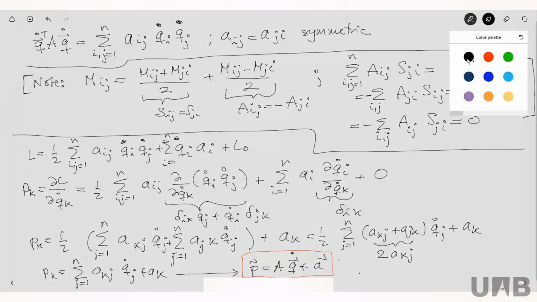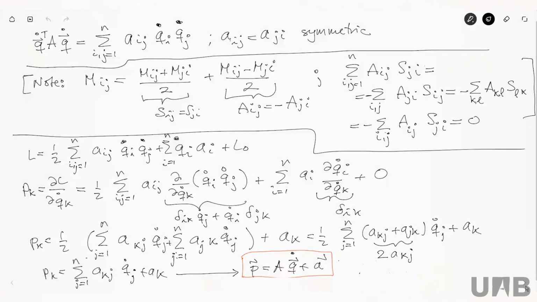Okay. Good. Now that I know that p equals A q dot plus little a, this means that q dot equals nothing but A minus 1 acting on p minus a. And this is what I need in order to construct the Hamiltonian, right?